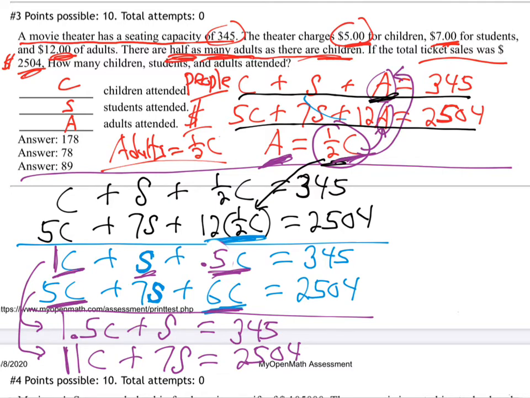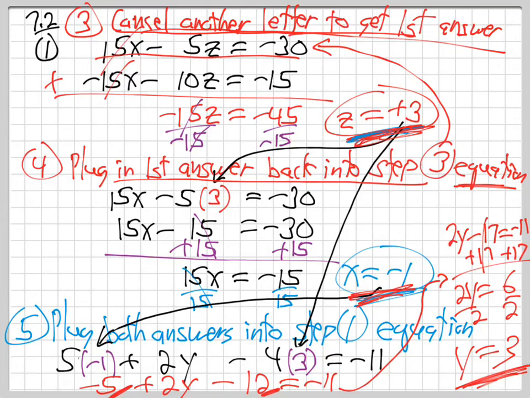Let's go to a fresh screen where we have room. So I'm going to write these 2 down. 1.5C plus S is 345. This is an S. I'll make sure my S's look good.